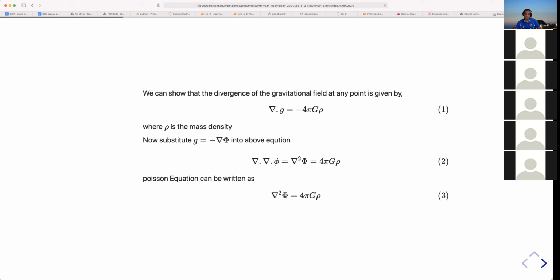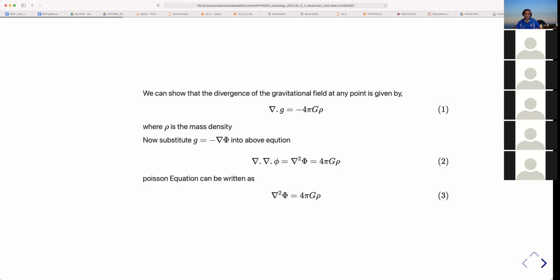So we call this the Poisson equation now. Grad squared phi equals 4 pi G rho, and this is based on the Newtonian theory, right? And I assume that you may have seen this equation before at some point. And so our plan is to derive this equation starting from the Einstein's field equation, right?